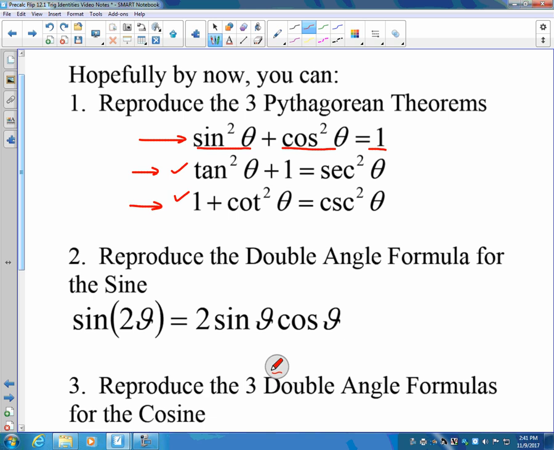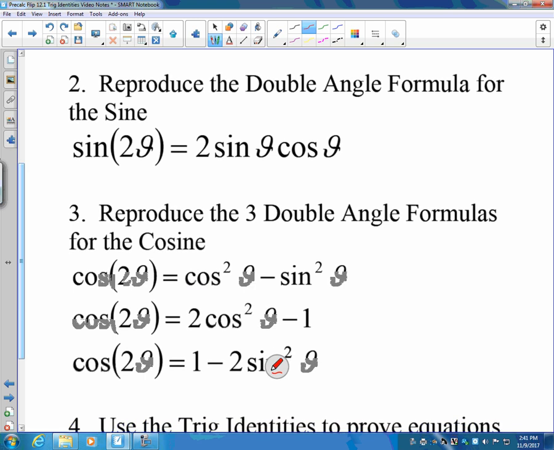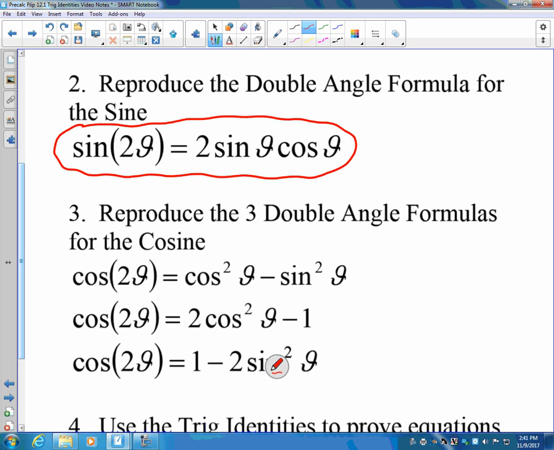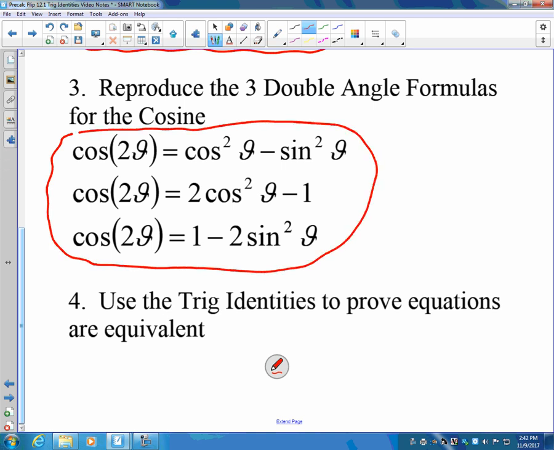Hopefully the second thing you can do is reproduce the double angle formula for the sine. Remember the sine of 2 theta is 2 sine theta cosine theta. Hopefully you can reproduce the 3 double angle formulas for the cosine. Cosine of 2 theta equals cosine squared theta minus sine squared theta.